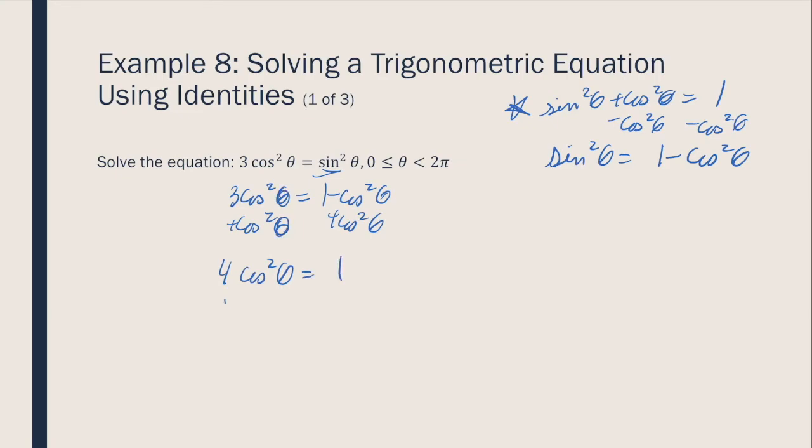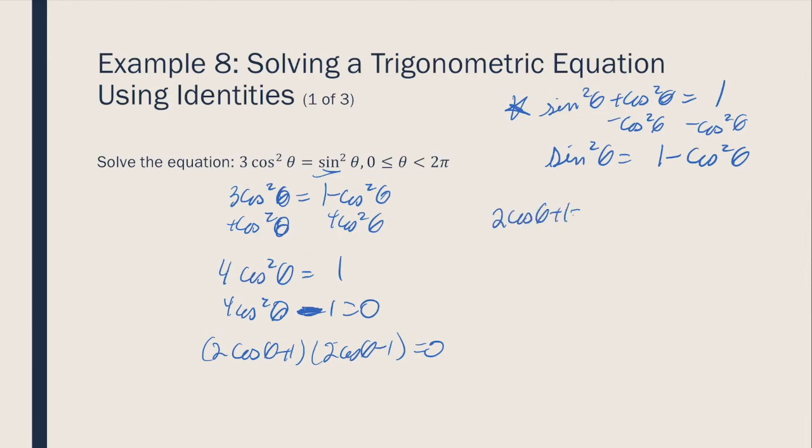So 4 cosine squared theta minus 1 equals 0, and then I can factor. I now set each of those factors equal to 0. So I have cosine of theta is a negative 1/2, and cosine of theta is a positive 1/2.